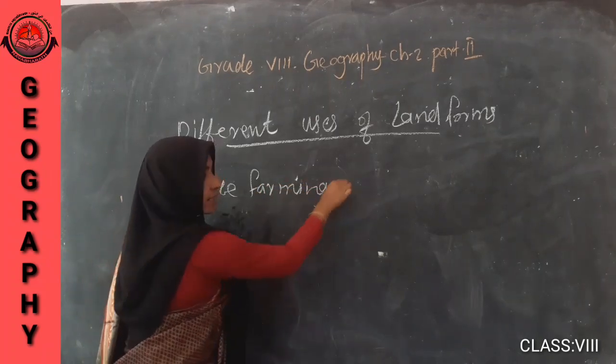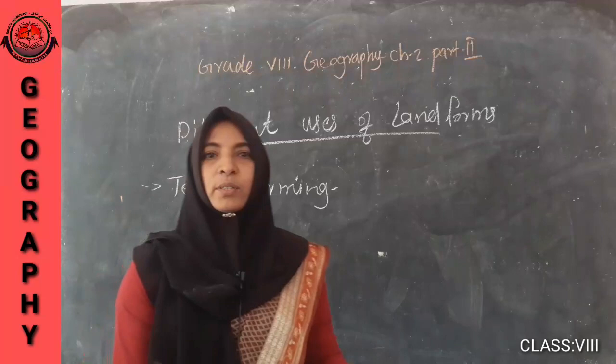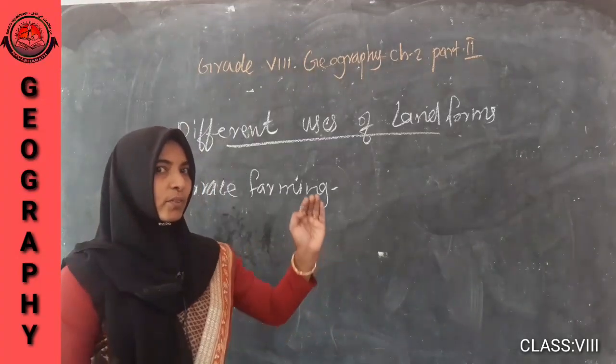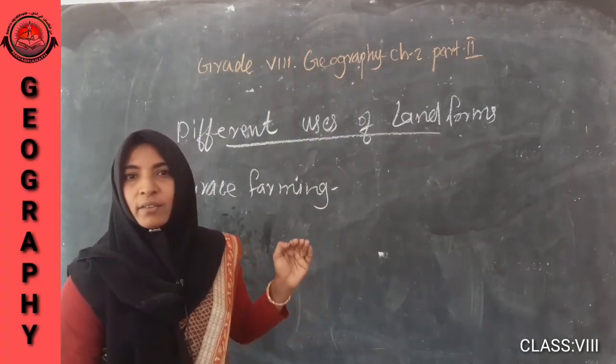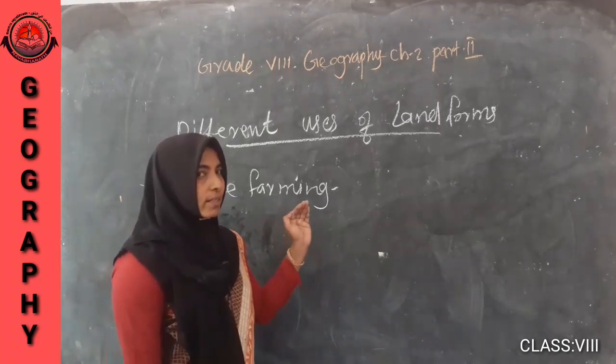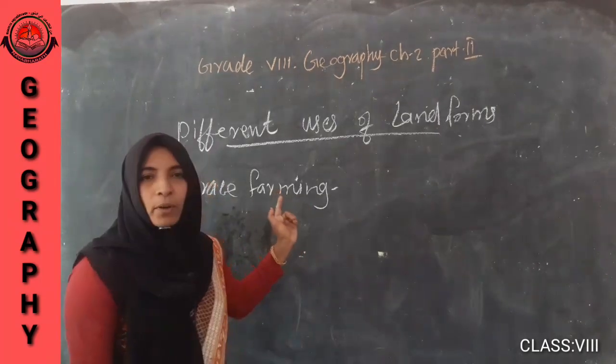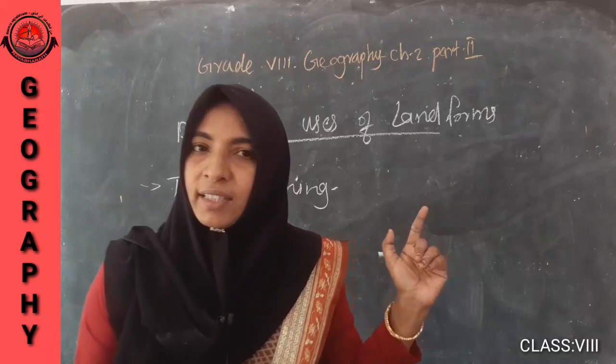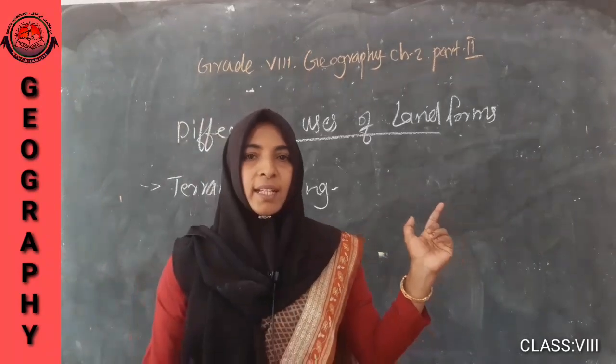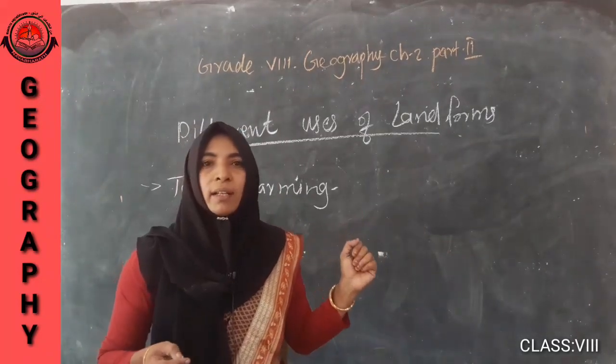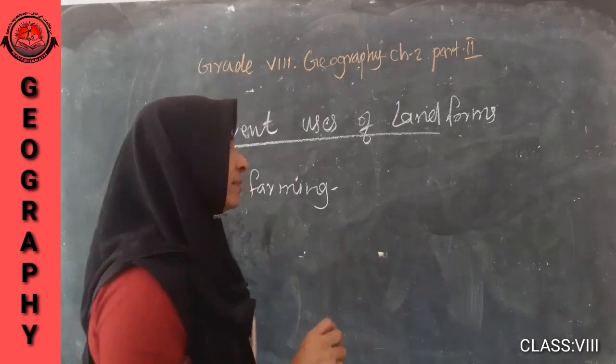We can practice terrace farming because of that topography. Then the second one, it provides grazing land.